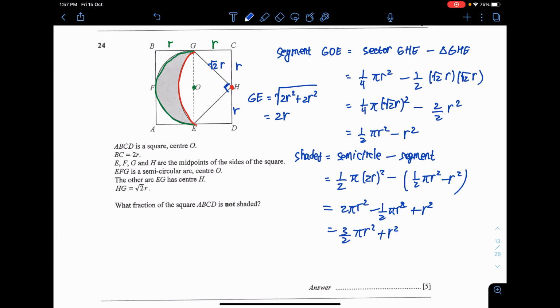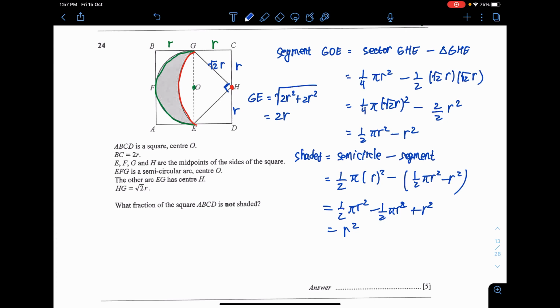Okay, I noticed something wrong. GE is the diameter of the semicircle, meaning I shouldn't use 2r square here, it should be just r square. This is half then. Okay, which means that they will cancel each other, leaving you with the shaded area just r square only. Okay, that was close. Anyway, that's the shaded area.